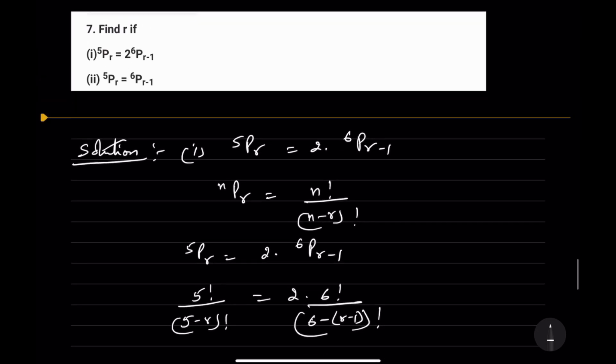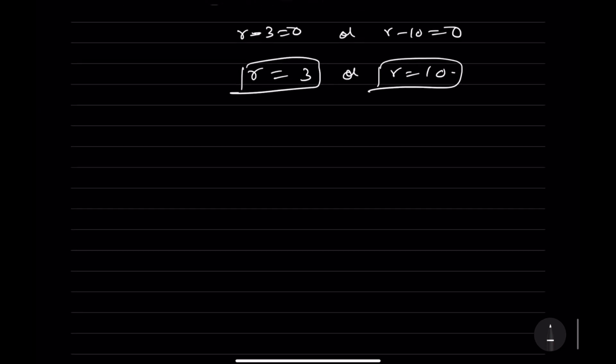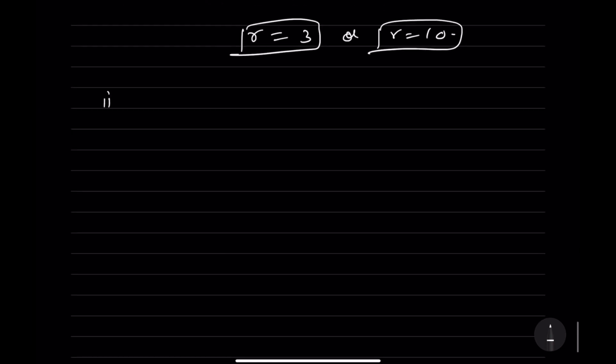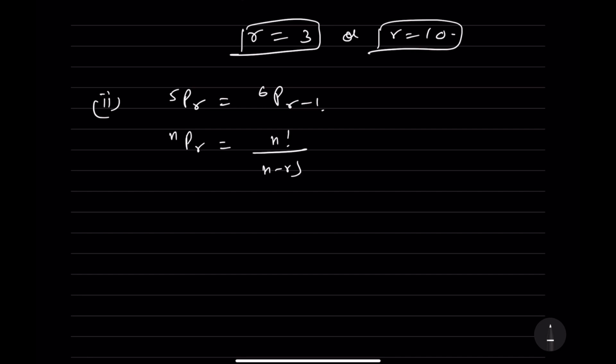Now the second one is 5Pr is equal to 6P(r minus 1). How do we write this? We know that nPr is equal to n factorial by (n minus r) factorial.